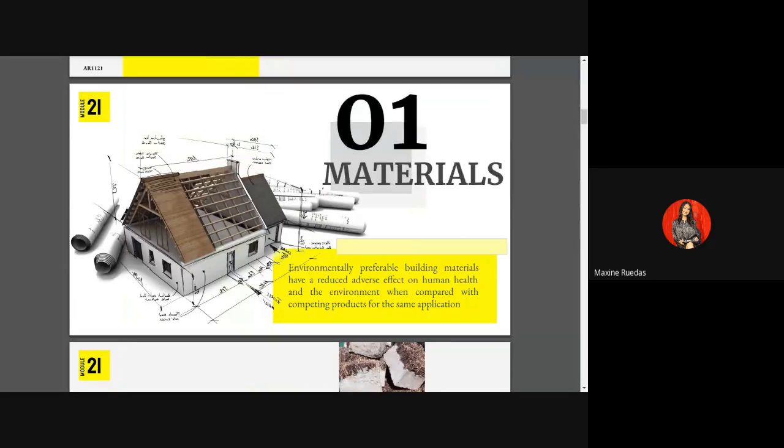Materials. Environmentally preferable building materials have a reduced adverse effect on human health and the environment when compared with competing products for the same application.